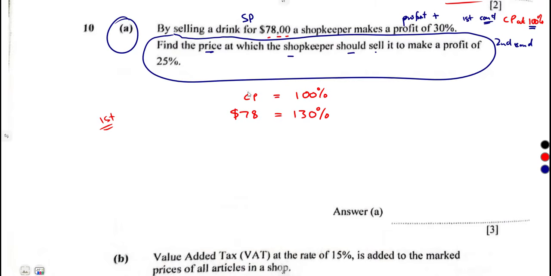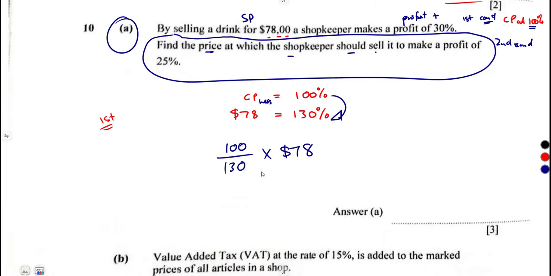So what is the cost price from the first condition? Comparing these two, the cost price from 100% is going to be less. So that's 100 over 130 times $78.